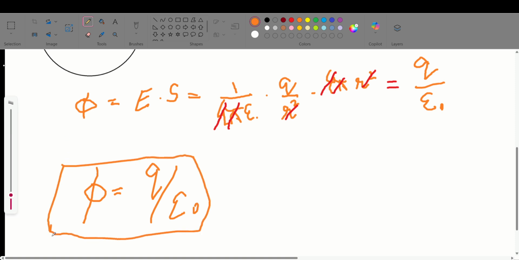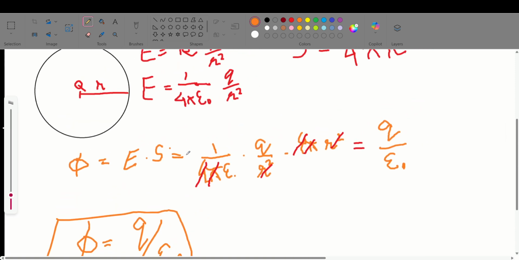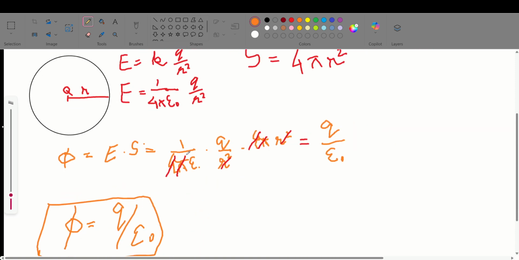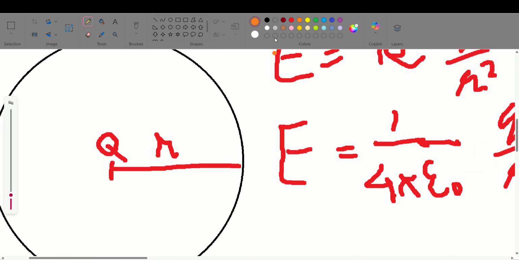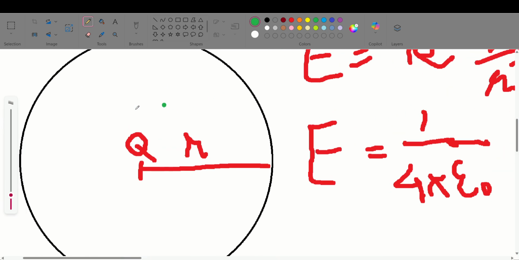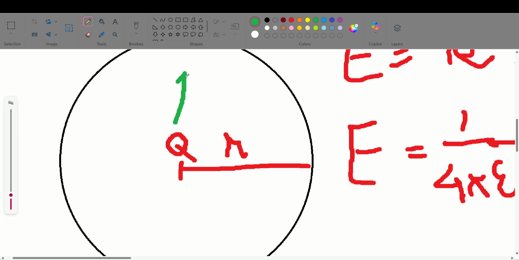This applies when a charge is enclosed by any hollow object. It doesn't necessarily have to be a sphere. It could be a cube or any polyhedron whatsoever. The reason that this applies to any shape and not just a sphere is very simple. Think about all the electric field lines that emanate from this charge in all directions.